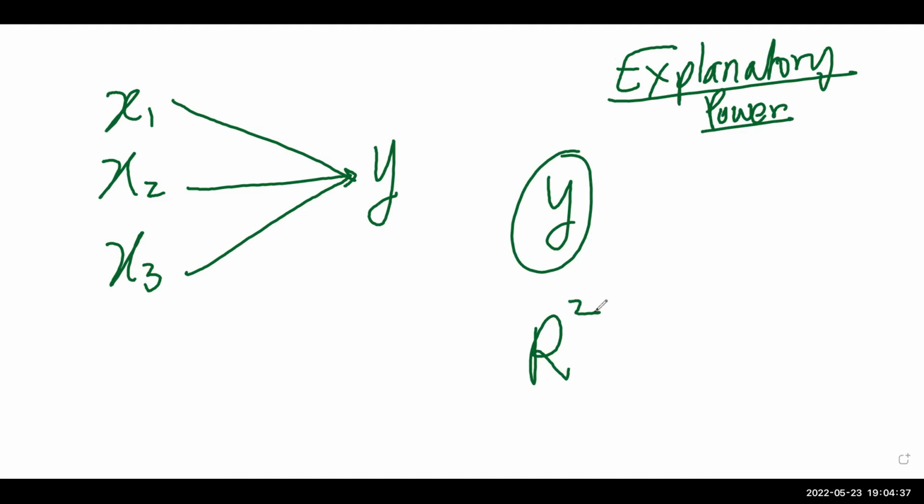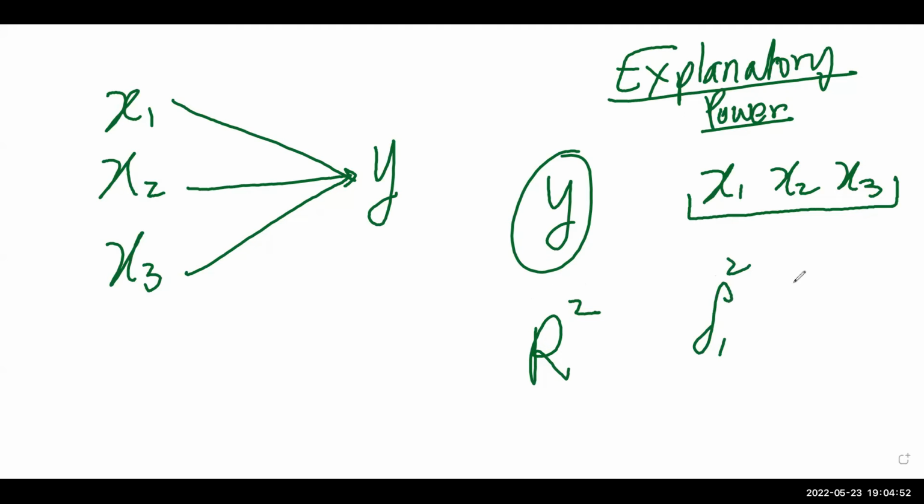Now, if I ask you what is the explanatory power of x1, x2, x3, you cannot express it by R square. You will calculate f1 square of x1, f2 square of x2, f3 square of x3. So there are three F squares, and you are calculating the F square for each independent variable.